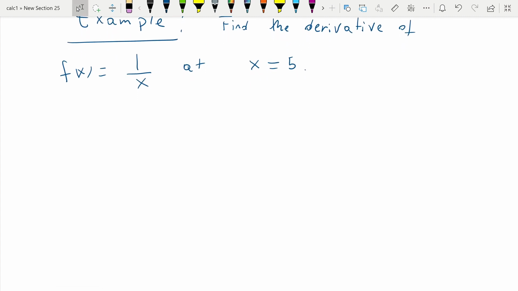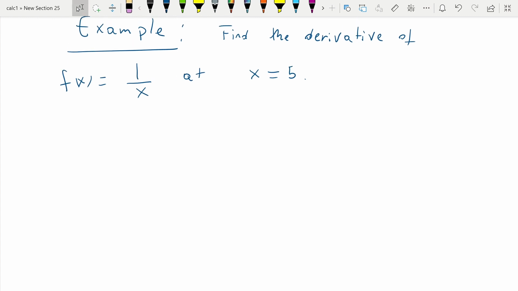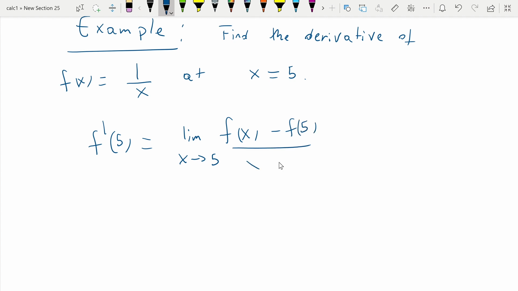By definition, so we have to proceed by definition. And so what is f prime at the point 5 is the limit when x approaches 5 of f of x minus f of 5, all that divided by x minus 5.